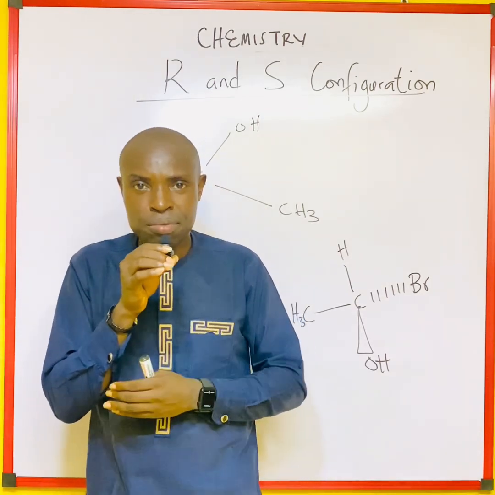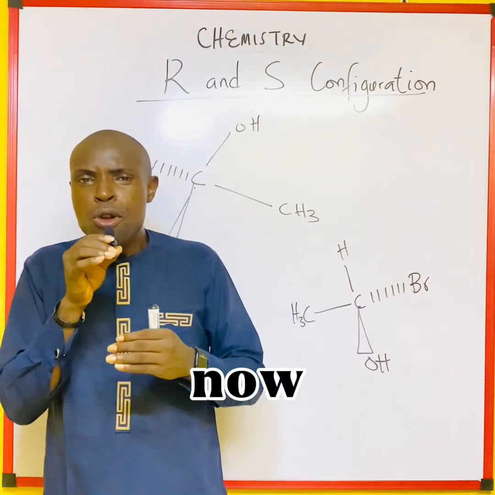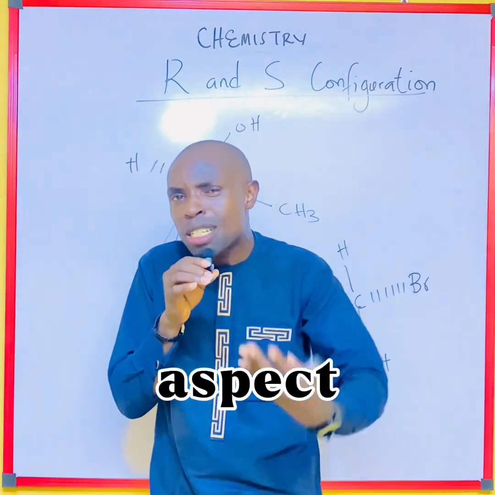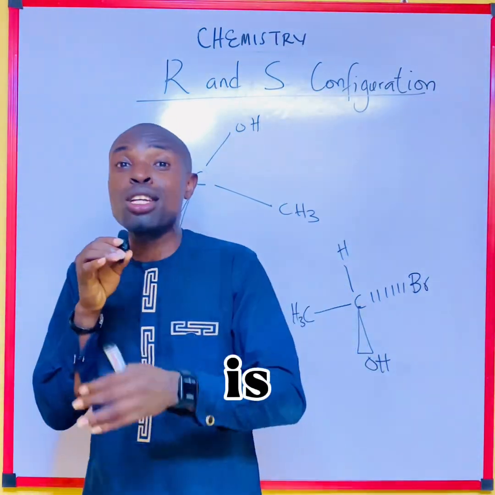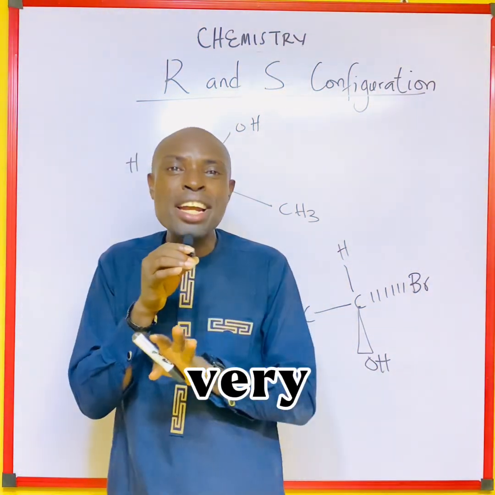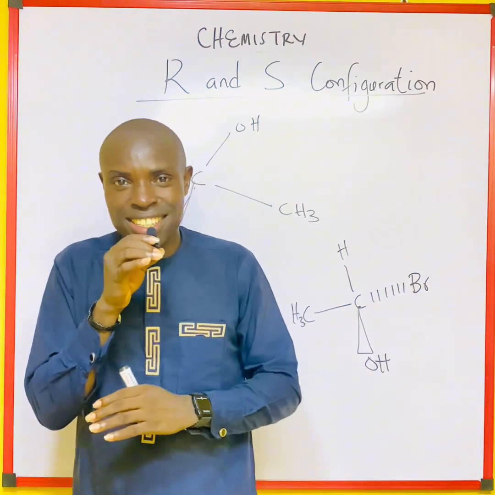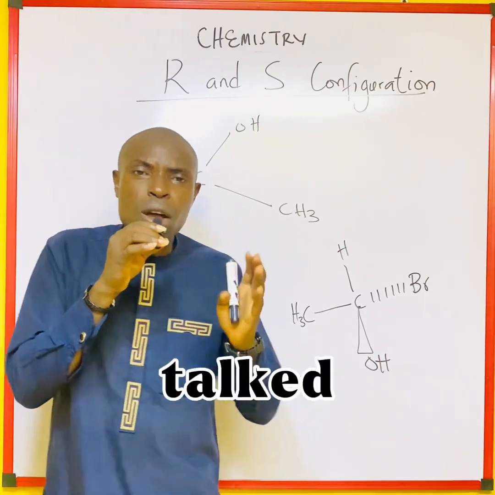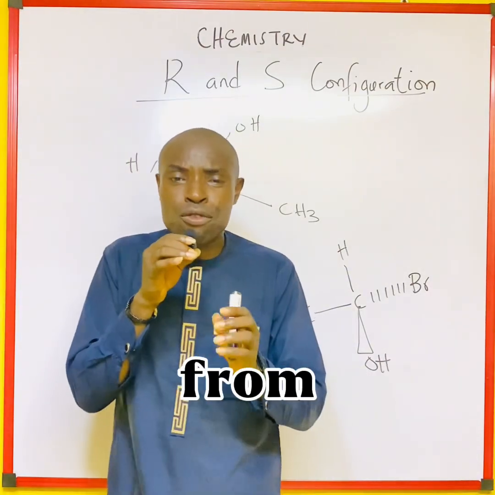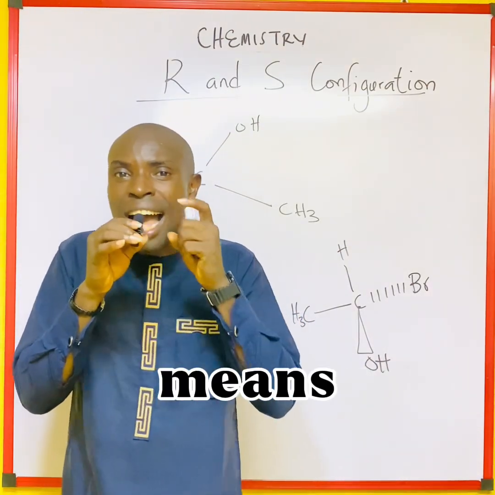Now, let us enjoy this aspect of chemistry because actually chemistry is fun and it loves those that love it. Now look at it now. We've talked about that. We should understand that from the word chirality, it means handedness.